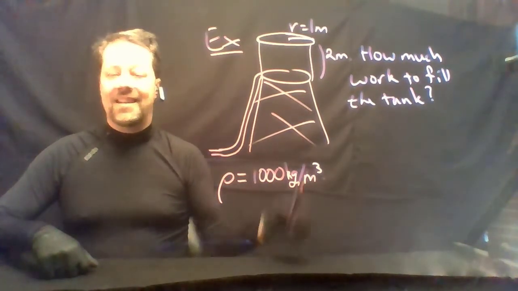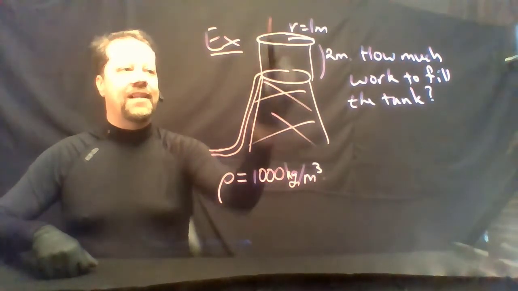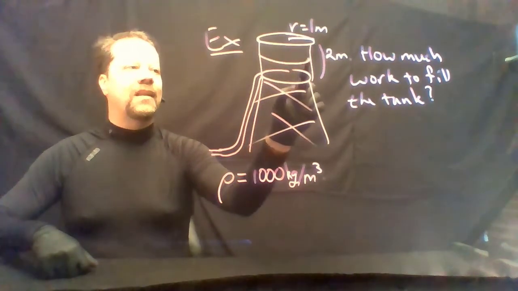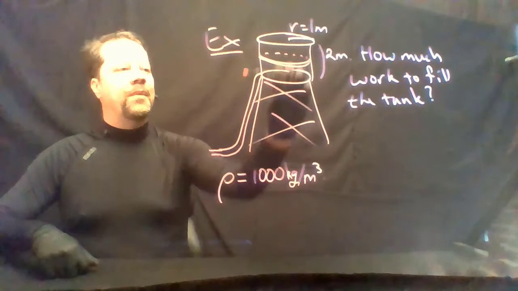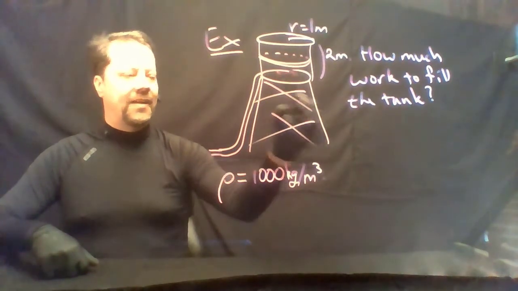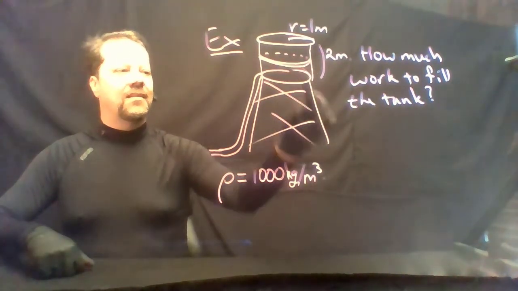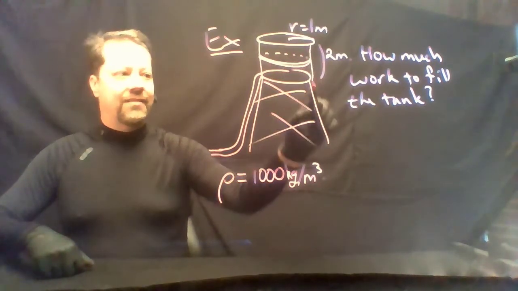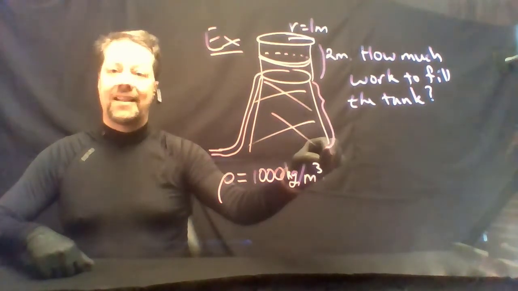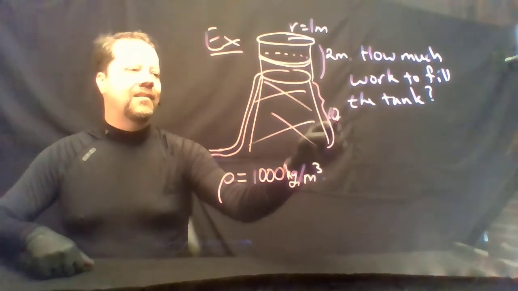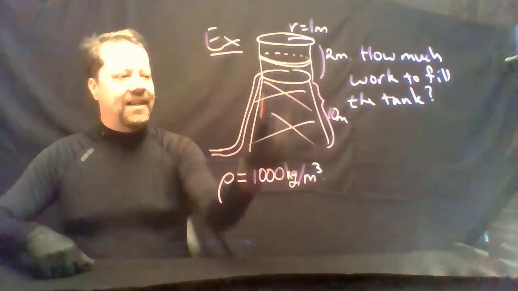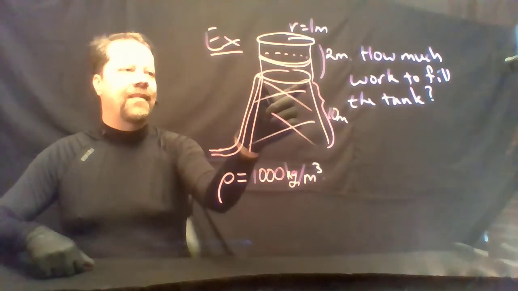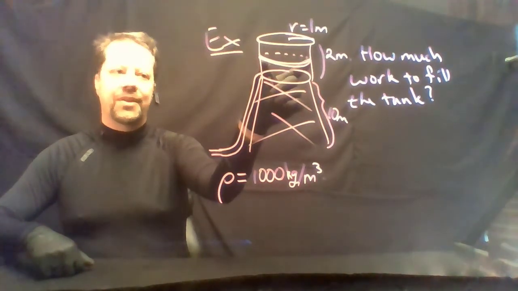The idea is kind of like this. If we're going to fill the tank, we're going to have to transport little layers of water up. Let's also suppose the height of the tower is, let's say, 10 meters. That layer has to go up 10 meters and then up to its position above.